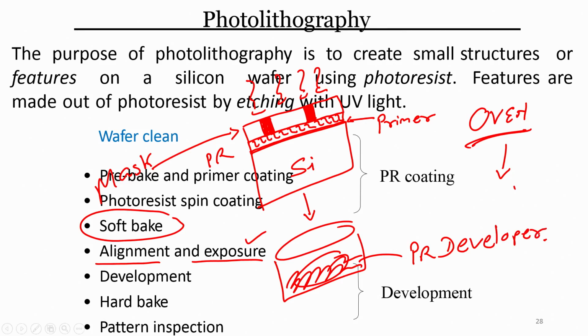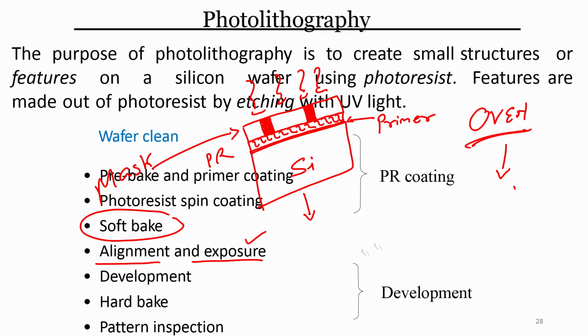After developing photoresist, you have to take out the wafer and perform hard baking. Hard baking in a conventional way for conventional photoresist, that is positive and negative photoresist, is performed at 120 degrees centigrade for 1 minute on hot plate.